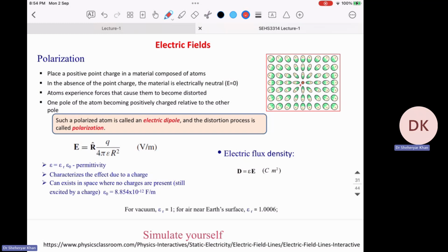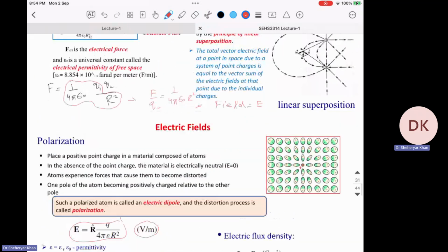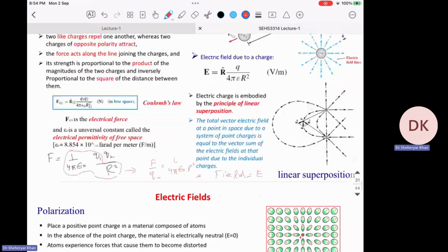And this effect we can demonstrate by using the E, and this charge Q can be placed here, right? This formula we can take from the previous slide. This is the definition of electric field. The unit is volt per meter, but in the previous question we had F over Q, which is newton per coulomb, right?